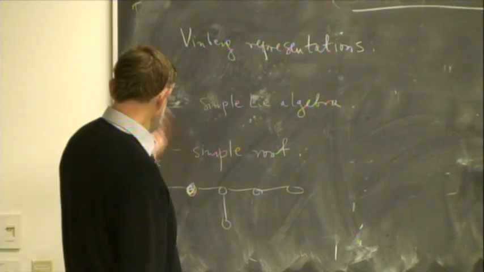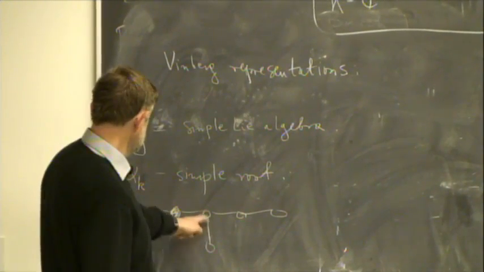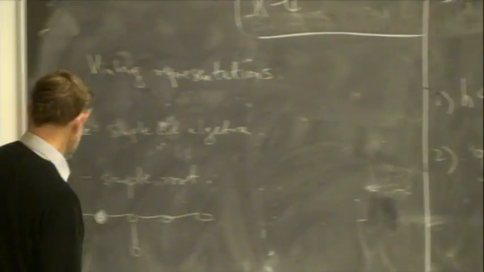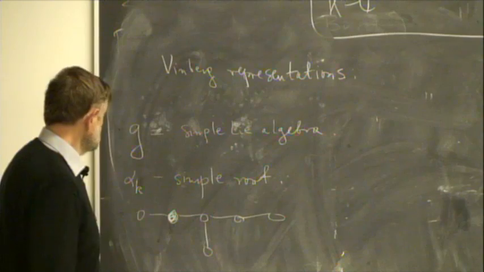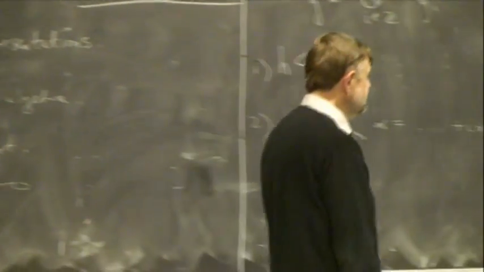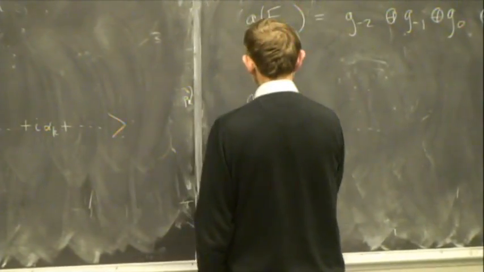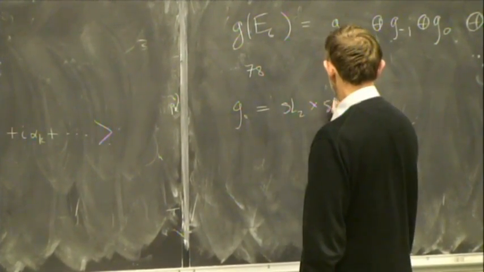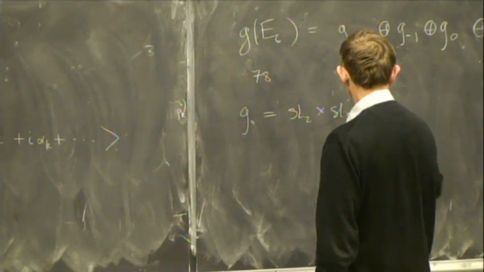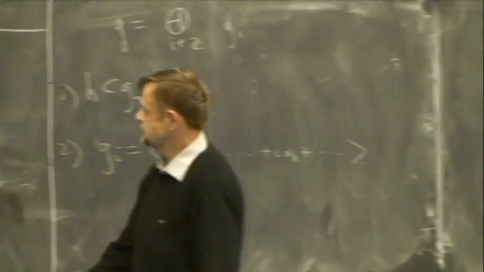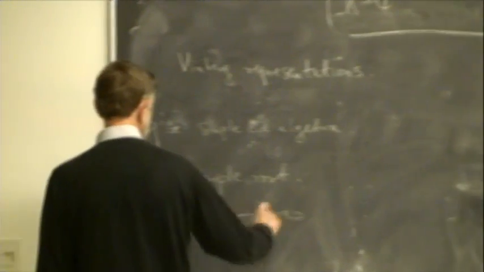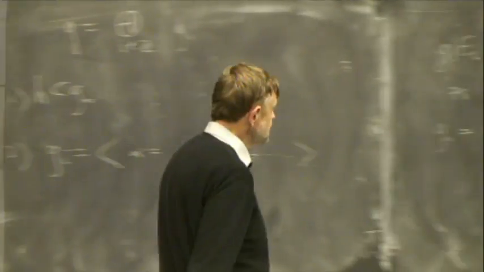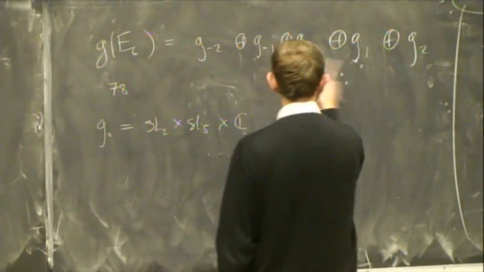So if you look at the Cartan algebra of G and this G0, which will be the Lie algebra corresponding to the root system that you have when you skip the filled node, then one knows that in this case G0 is SL2 cross SL5 cross the abelian algebra C, because I have an A1 root system and A4, so that's my G0. And then one always knows that these are dual to each other.